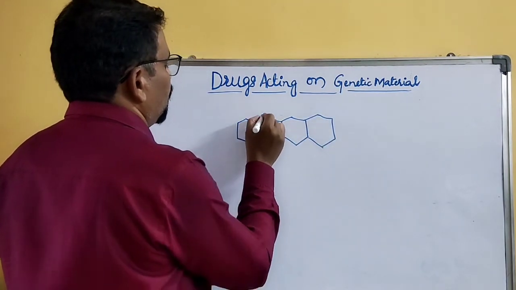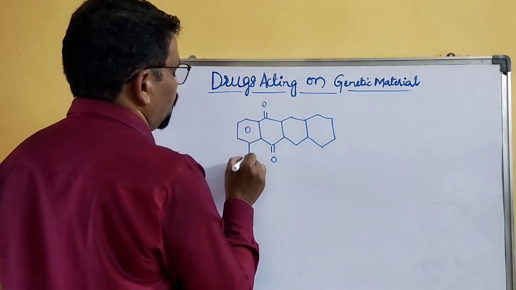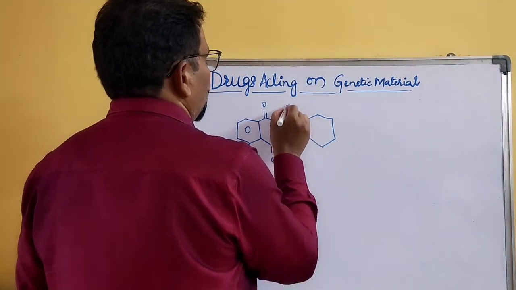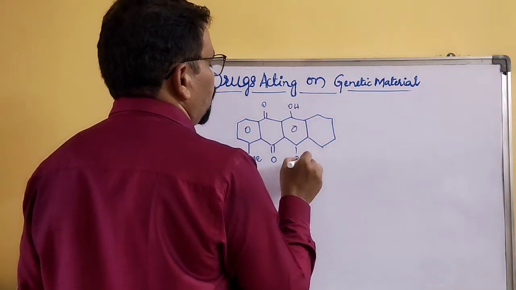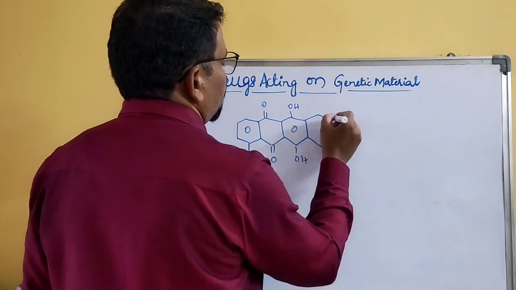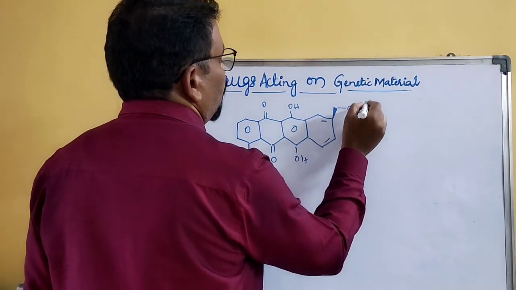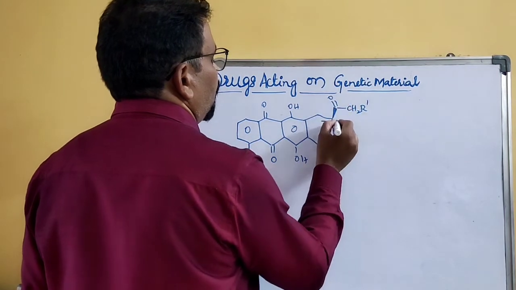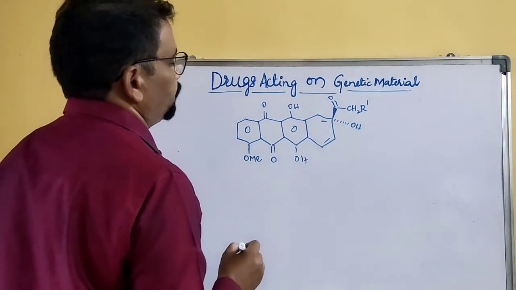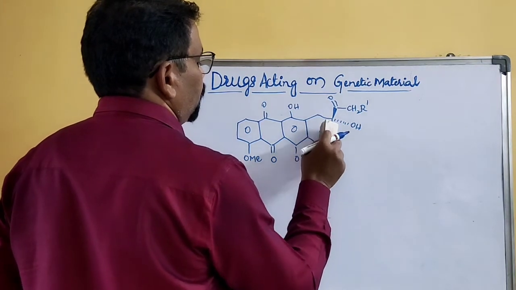Tetracyclines. This is a double bond O, and here OMe, and here a hydroxyl group and a hydroxyl group, and here CH2 R prime. This is another hydroxyl group. No double bonds in between.